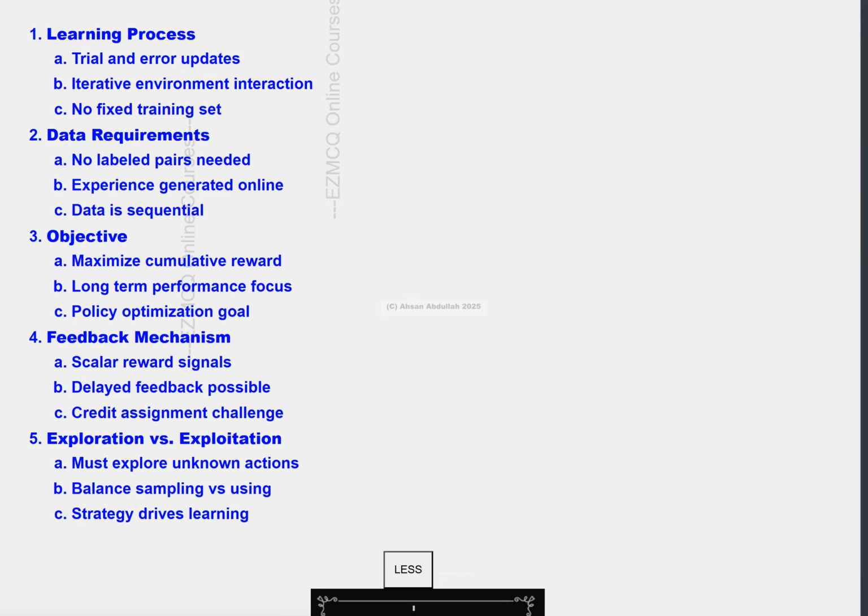So, what is the learning process? Supervised learning is static. The model learns from fixed examples and without influencing the data. On the other hand, in reinforcement learning, the learning process is interactive.